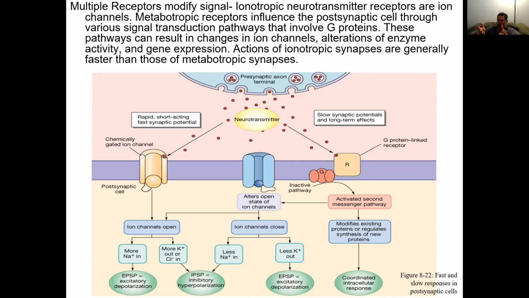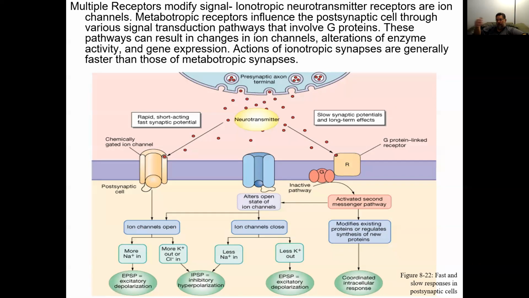But as a general rule, if sodium's flowing in, it's excitatory. If potassium's leaving, it's inhibitory. If sodium can't come in, that channel is closed, it's inhibitory. And if potassium can't leave, it's excitatory.